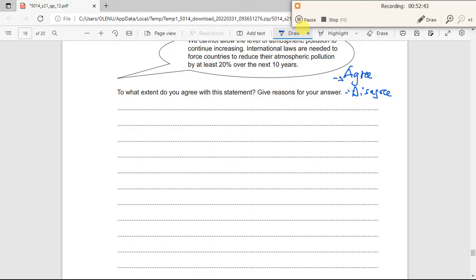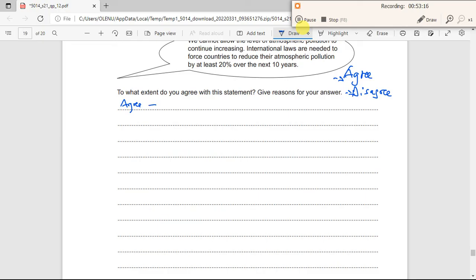So you look at the two sides of the argument and you now make constructive evaluation and conclusion of that content. Now, if you look at this, they said we cannot allow the level of atmospheric pollution to continue increasing. So international laws are needed to force countries to reduce their atmospheric pollution by at least 20% over the next 100 years.